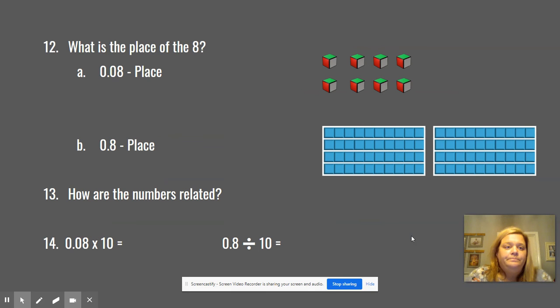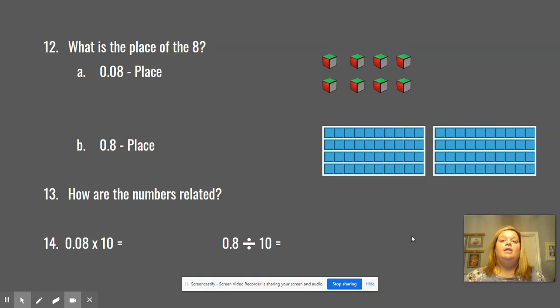All right, now let's look at this. And I made a little mistake, and you'll see that we all make mistakes. It's fine. We have the value place on number 12. Don't worry about the value. We're just worrying about the place, okay? So let's look at number 12, letter A. You have 800s.